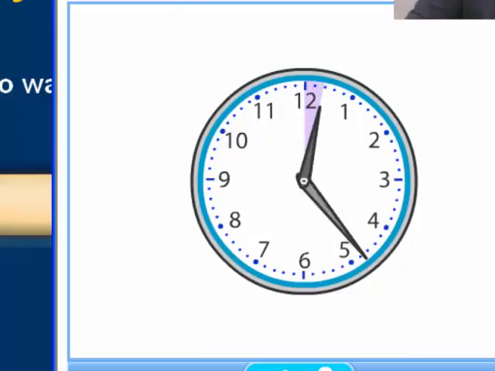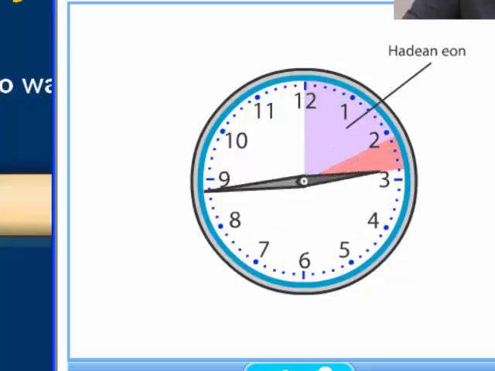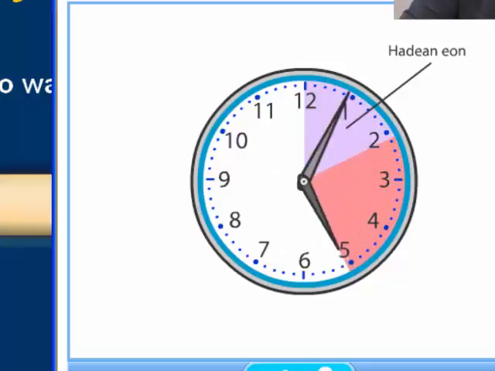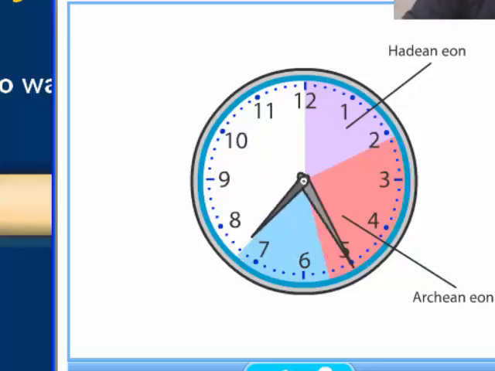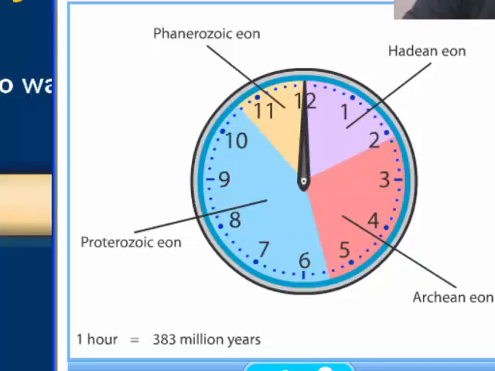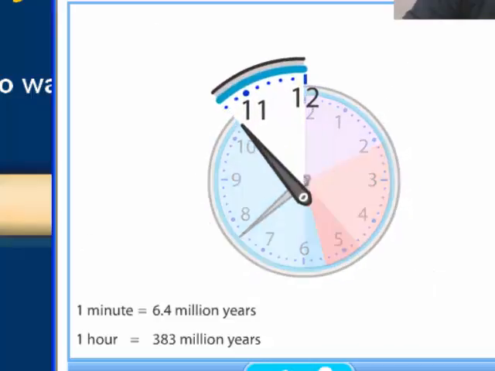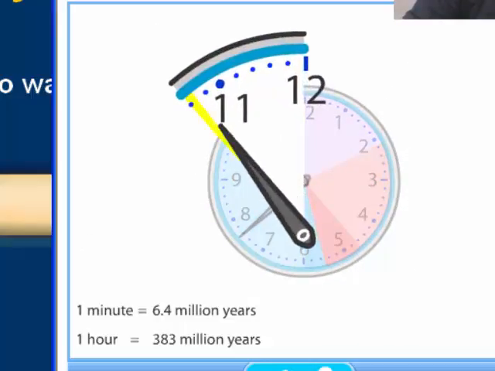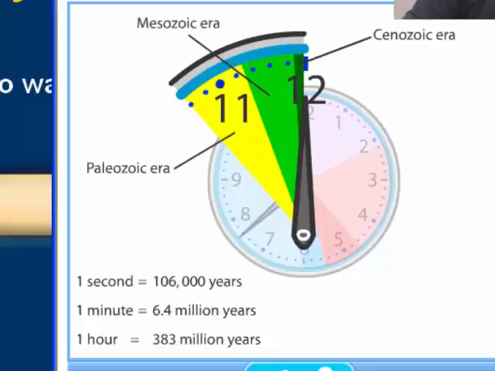If the geologic time scale were organized on the face of a 12-hour clock, the first moment would represent the beginning of Earth's geologic history. Each hour would represent 383 million years. Each minute on the clock equals 6.4 million years, and 1 second on the clock equals 106,000 years. Human civilizations have appeared only within the last second on this clock.